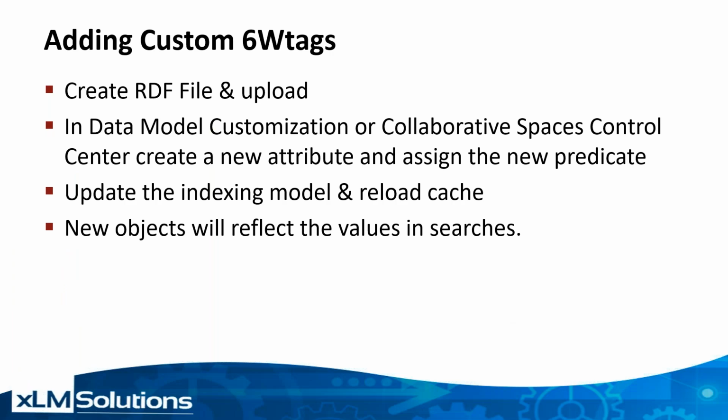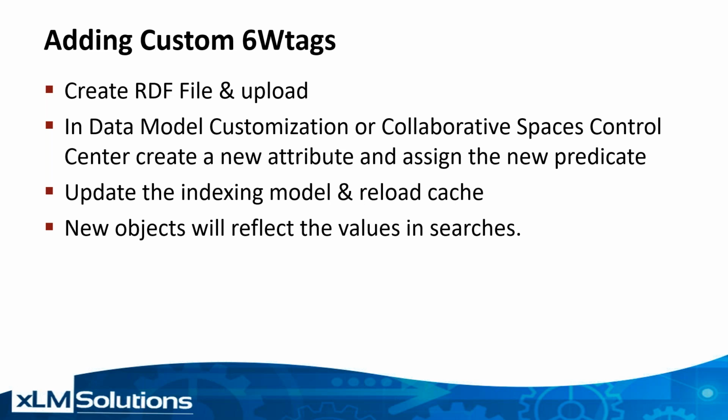We'll talk about the transition manipulation secondly, but with regard to adding 6W tags, you can definitely add custom 6W tags to the system as well. A lot of times that is done by creating an RDF file that describes the 6W tags and where they're associated, and which fields they're associated with. You'll obviously create your new field or attribute using the data model customization or the collaborative space control new attribute that I showed you.